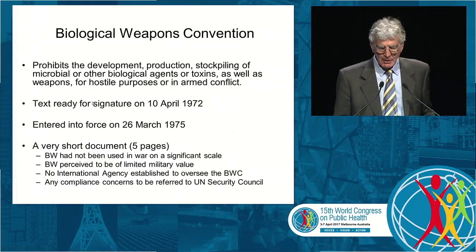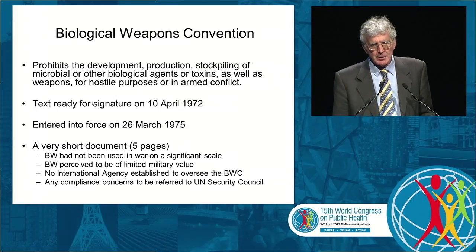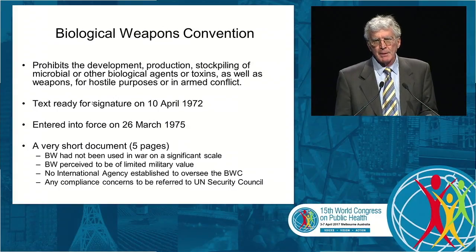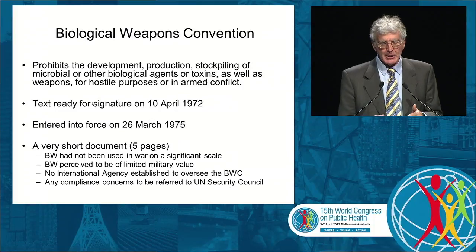Anyway, so after a couple of years of negotiating, they decided to separate out chemical and biological. So the Biological Weapon Convention, the BWC as I'll call it, was finished in a couple of years. A very short document, essentially prohibitions but no verification.